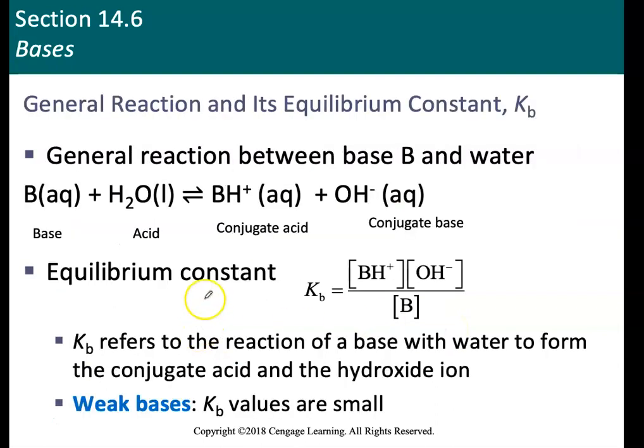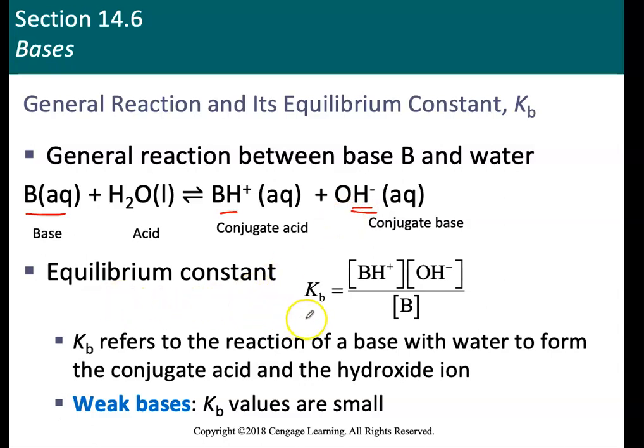Now in that case, you look at the equation for the ionization of a base in general. So this will be a base with water. It will accept a proton, the conjugate acid, to form the protonated BH plus, and then release the OH minus.